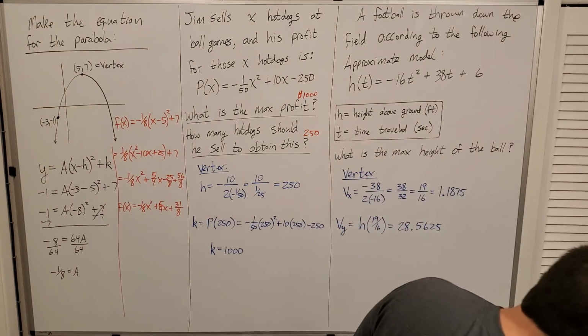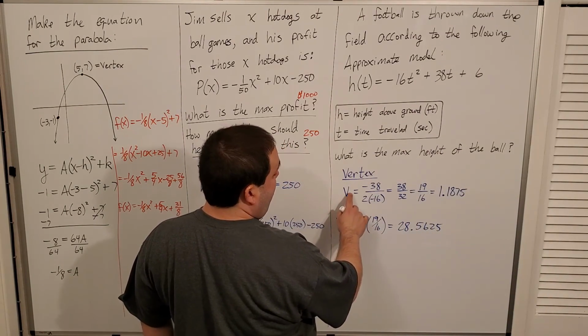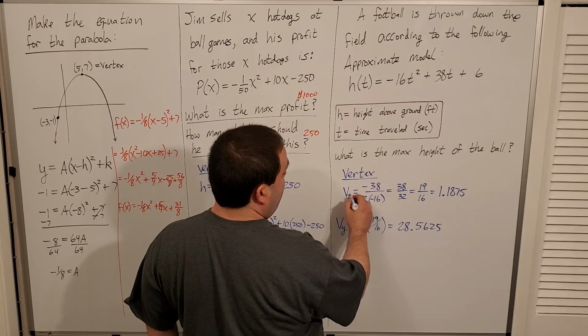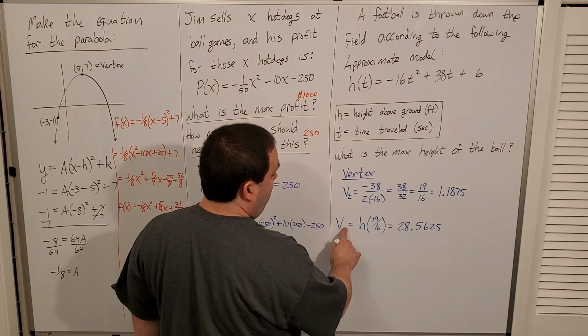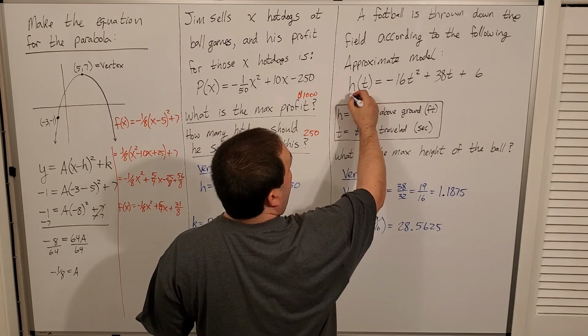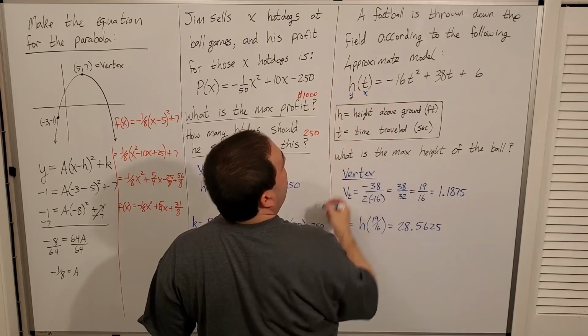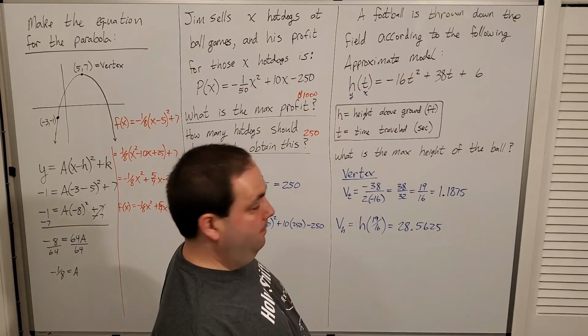Okie dokie. Now remember, the vertex x in this case is not actually an x, it's actually a t. And vertex y in this case is not actually a y, but a height, right? Because remember, that was our function here. The height was our y value, the t was our x value, but I'm not using x and y here. I'm using height and time.